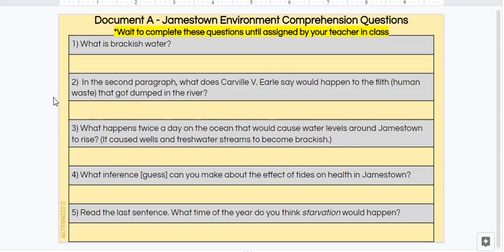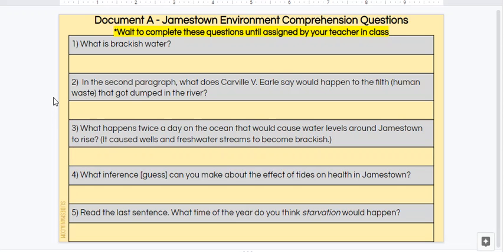So in the document, it mentions brackish water. What is that? In the second paragraph, what does Carville V. Earle say would happen to the filth, human waste, that got dumped into the river? What happens twice a day on the ocean that would cause water levels around Jamestown to rise?